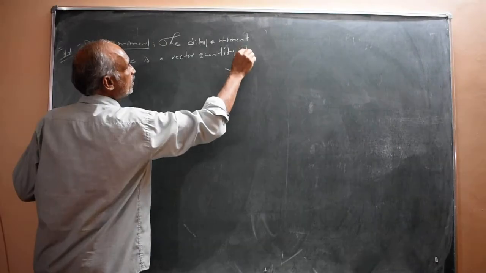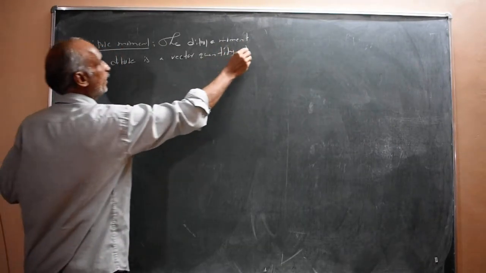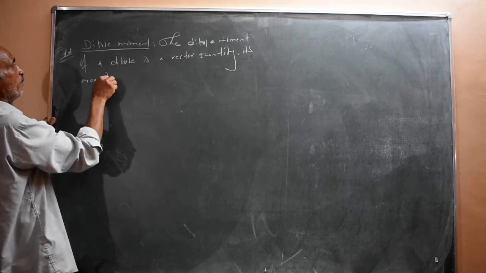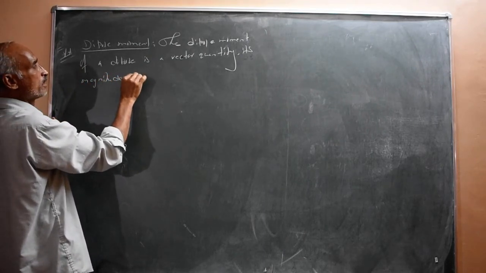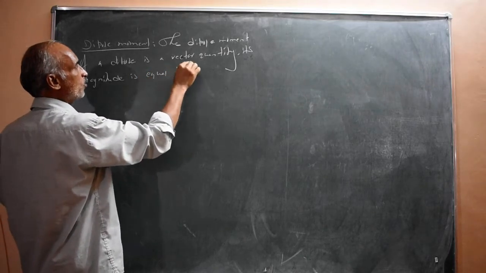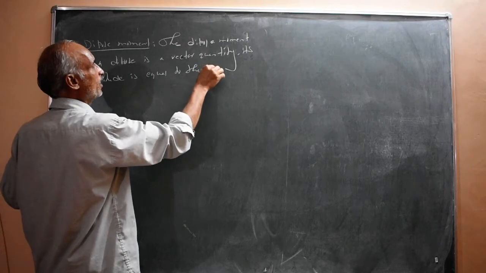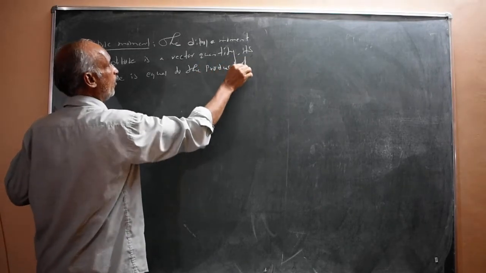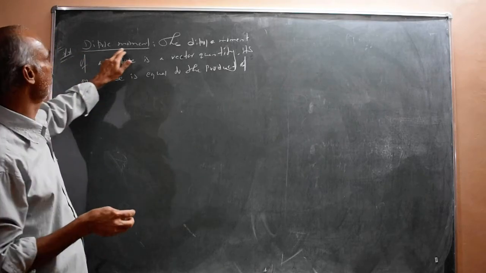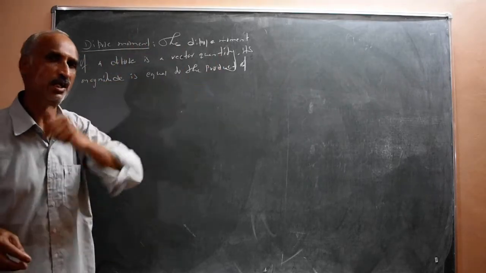Its magnitude is equal to the product of, product is multiplication. Since it is a vector quantity, during the definition I will define both its magnitude and direction.